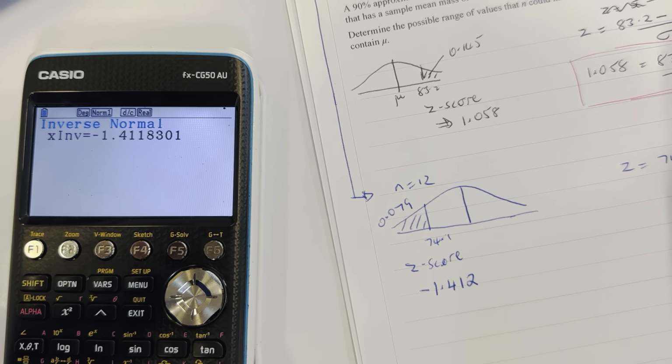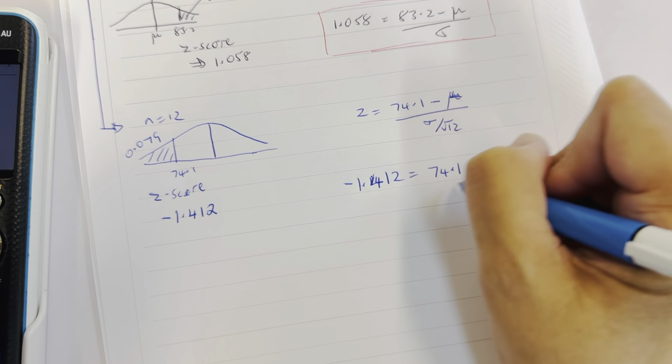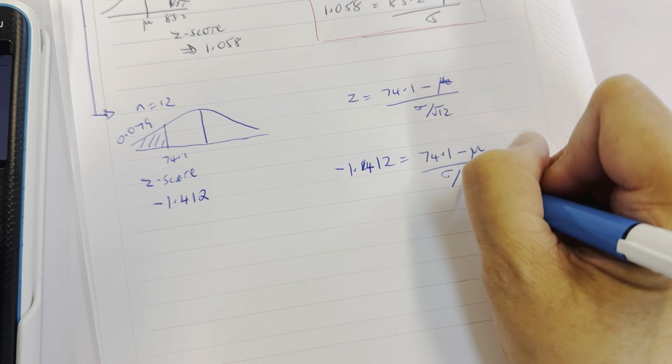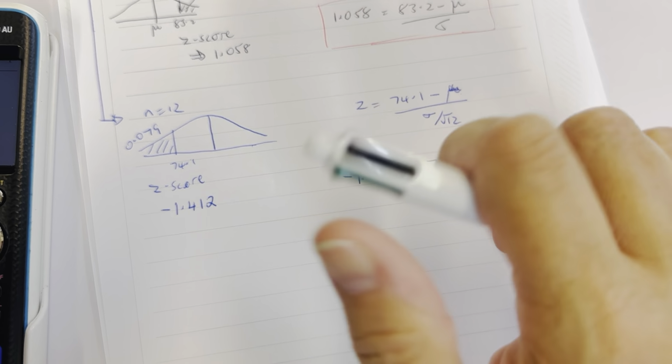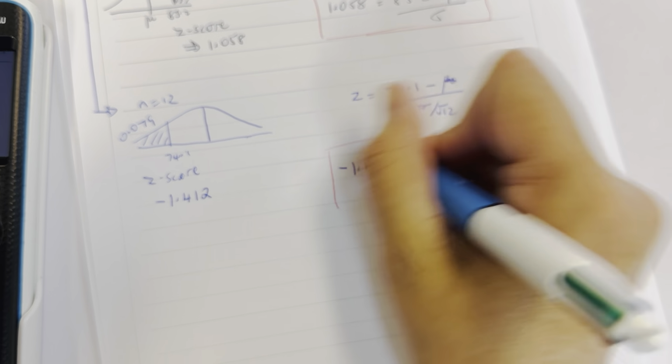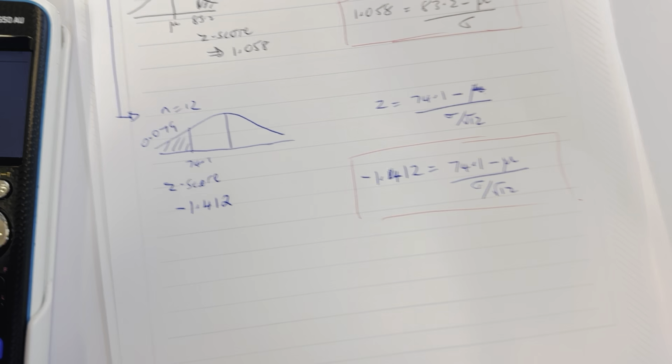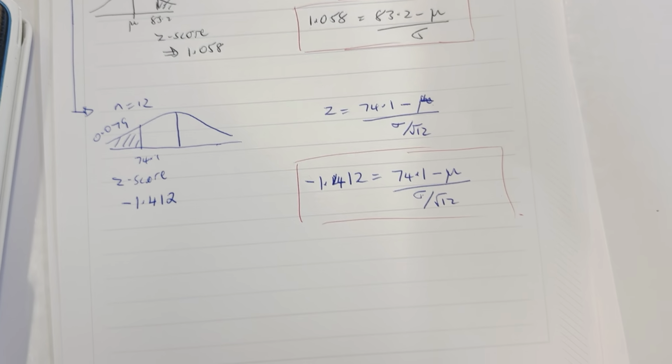Sorry, my camera work's not great today. So negative 1.412 is 74.1 take mu over sigma over square root of 12. Now we have two simultaneous equations with two unknowns.